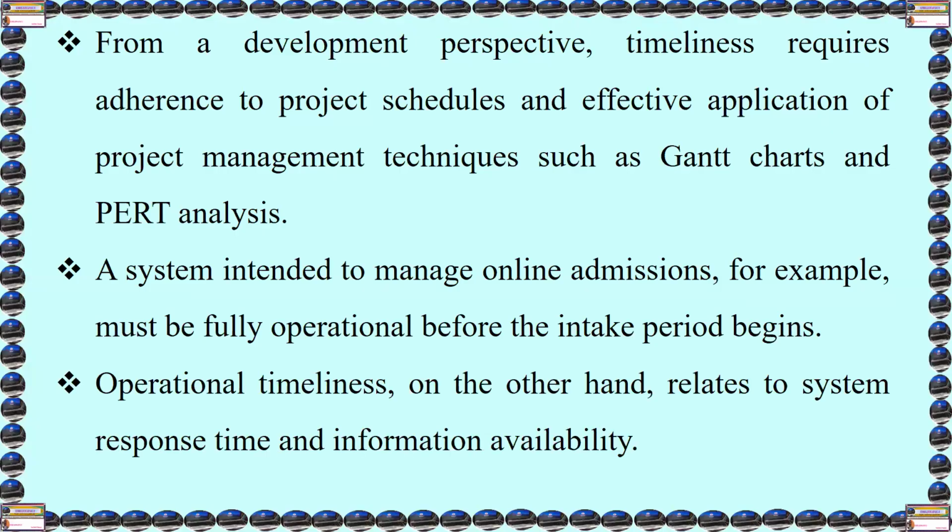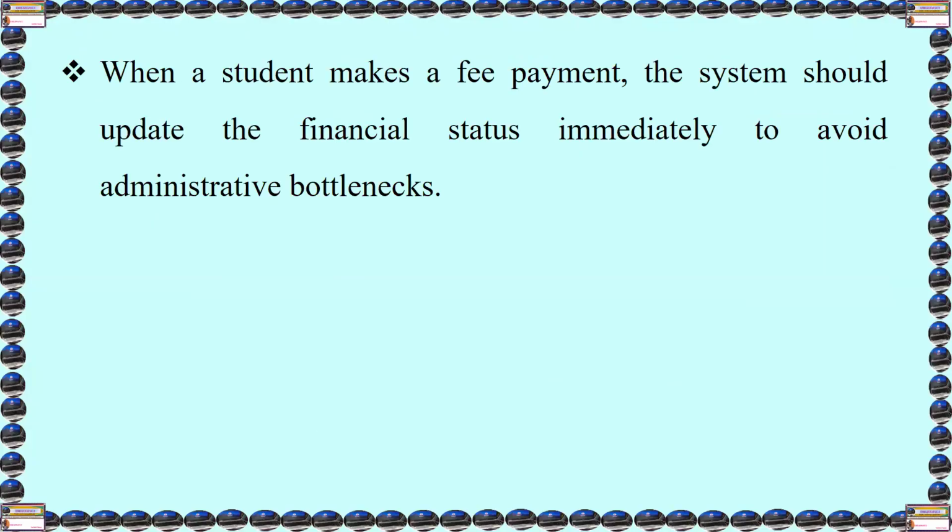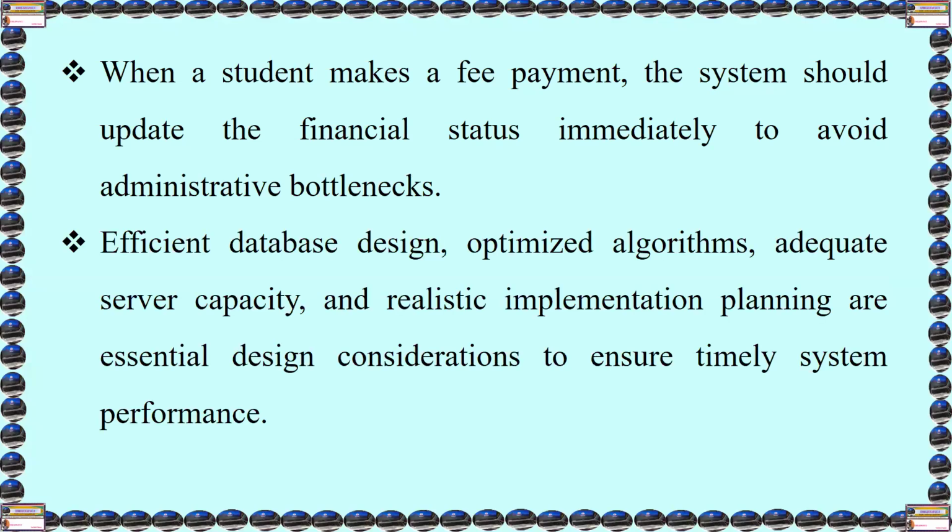Operational timeliness, on the other hand, relates to system response time and information availability. When a student makes a fee payment, for example, the system should update the financial status immediately to avoid administrative bottlenecks.